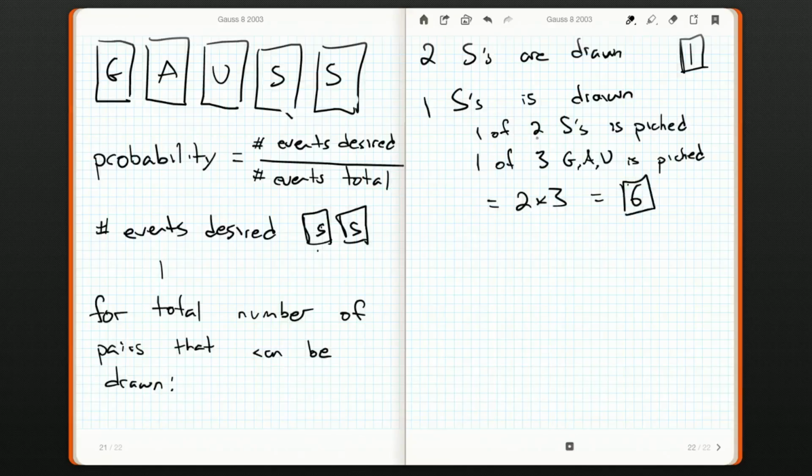Amy. Okay. And now how about 0 S's? So that means we have one of these 3 picked. Okay, hold on.